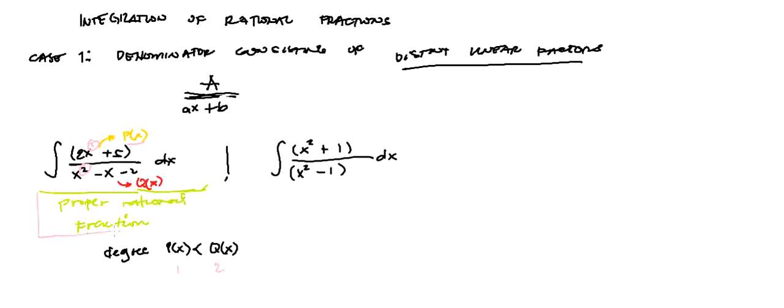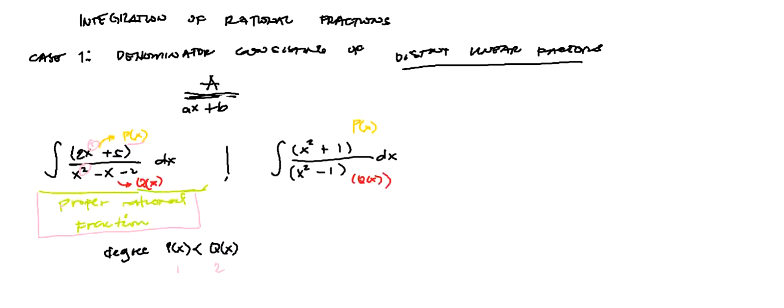That's why it falls under the proper rational fraction, and we can immediately apply the technique of integration of rational fractions. But in our second example, we have x squared plus 1, so this is our p of x, and for our q of x, we have x squared minus 1.